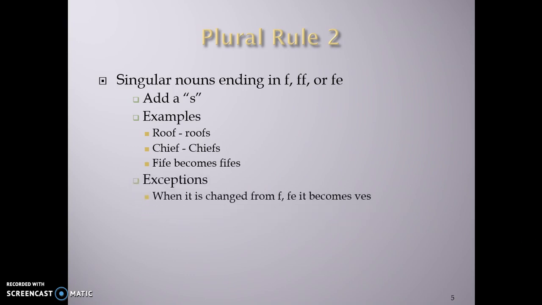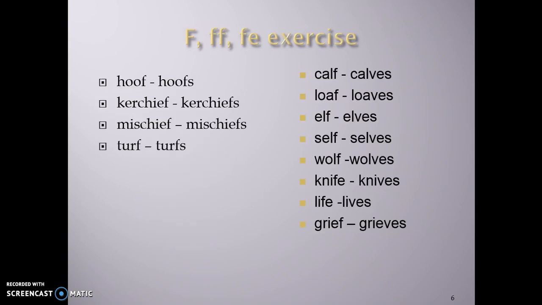There are some exceptions to the rules, and these are the exceptions. Wife becomes wives, calf becomes calves, and loaf becomes loaves. So here they are again, those that you just add S to, and those that you add VES to. So on the left is F, S, on the right is VES.